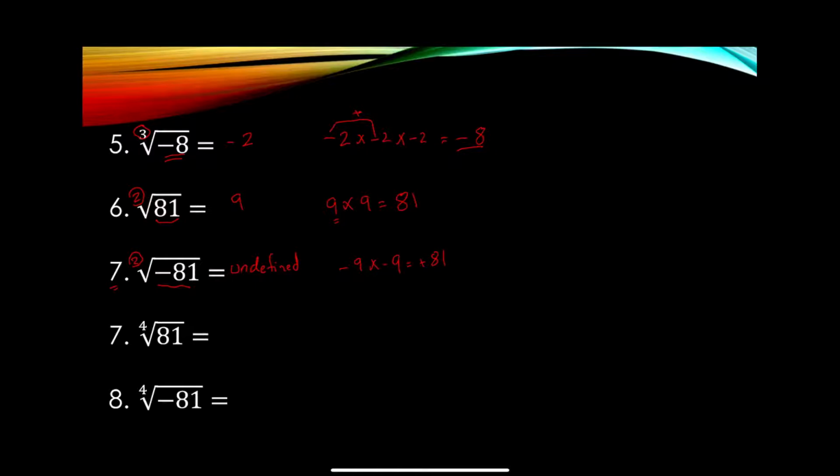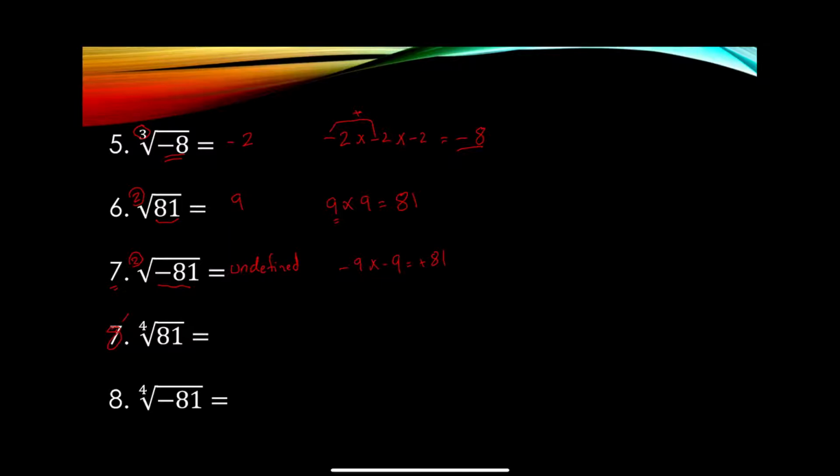Again, example, I can't call this 7 prime. It's the fourth root of 81. Or let me call this number 8 prime, and this is number 8.